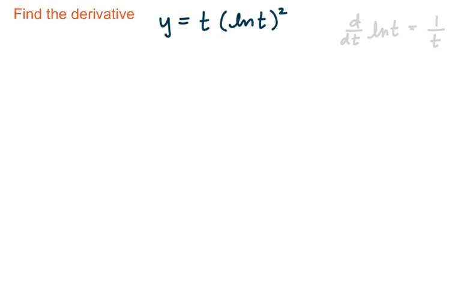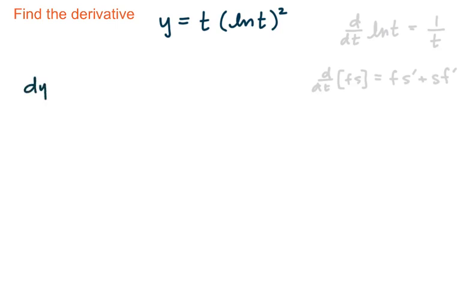All right, so looking at this, we have our product rule first. And our product rule, the derivative with respect to t of, say, a first times a second, remember, is first times second prime plus second times first prime.